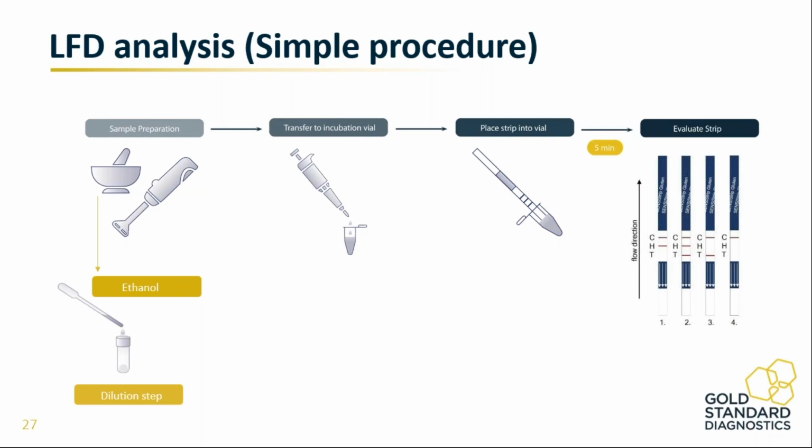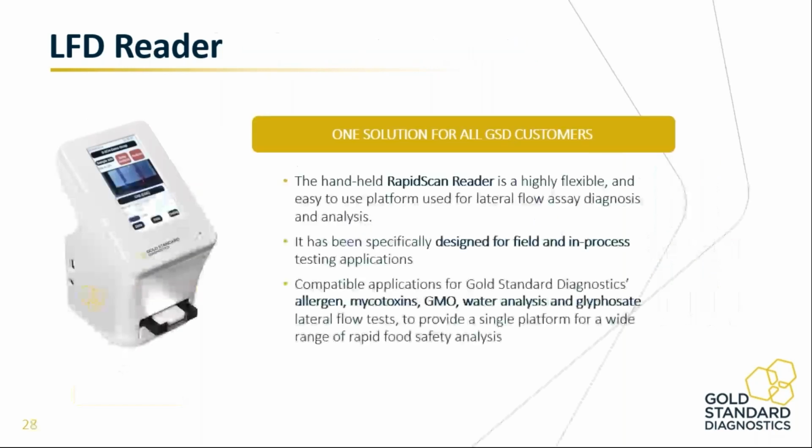And then, with no other additional step, we can place the strip into the vial and wait only 5 minutes and then interpret the results. We can perform, as we have just mentioned, a qualitative, visual interpretation of the result, or we can offer you the option of making a quantification of the results of the strips.